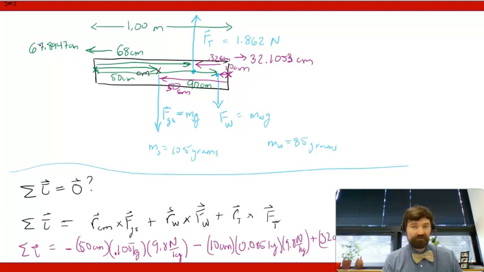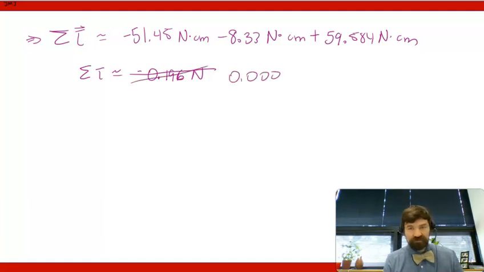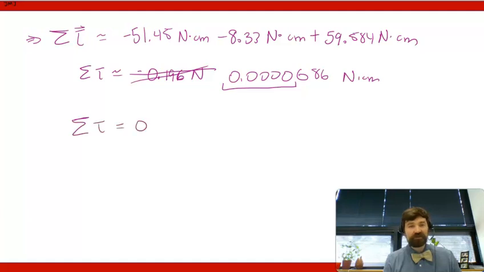And if we subtract from that our 8.33, and if we subtract from that our 51.45, what we end up getting is 0.0000686 newton centimeters, which is definitely within round-off error of simply being that the sum of torques is 0.